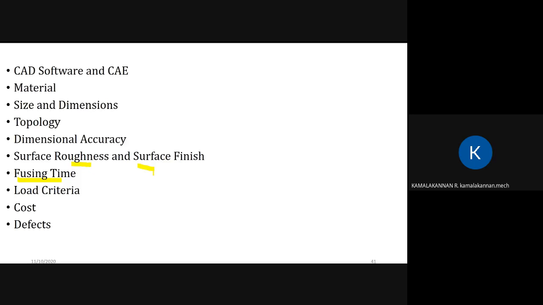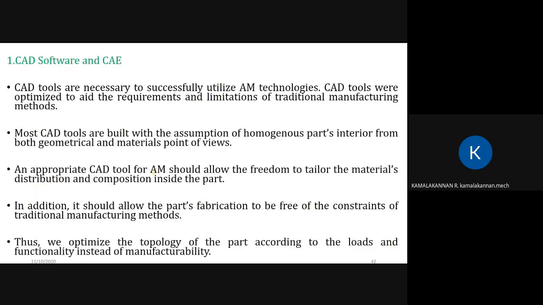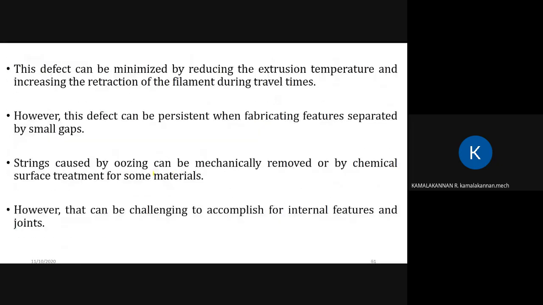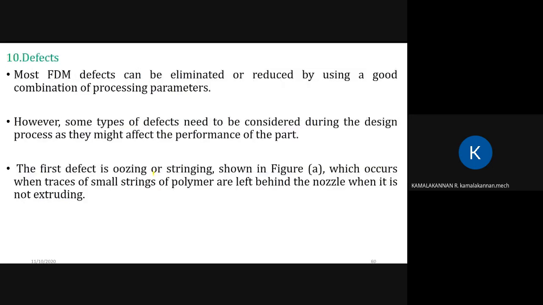And the last one is defects. We have not seen defects yesterday, as the time was over. So let us go to the defects. Most apparent defects can be eliminated or reduced by using a good combination of processing parameters.